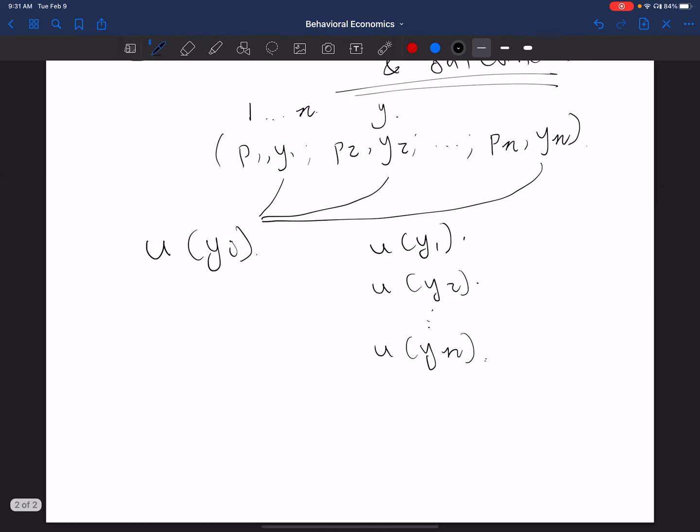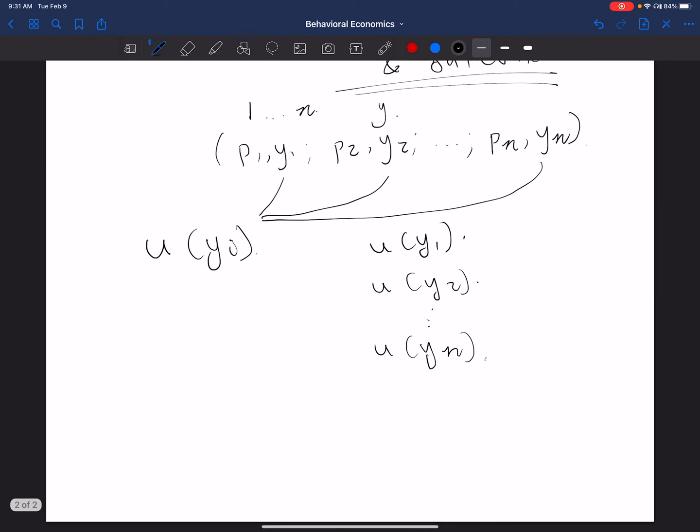And so if I have an outcome y and the probability of that thing, I now pair the probability with the outcome. I've got p1 and u of y1, p2 and u of y2, pn and u of yn. What I then want to do is multiply each of these by the probability with which they occur.